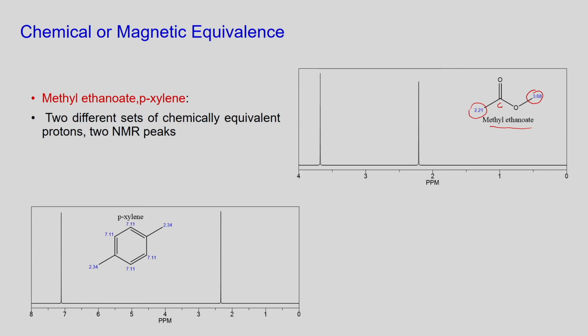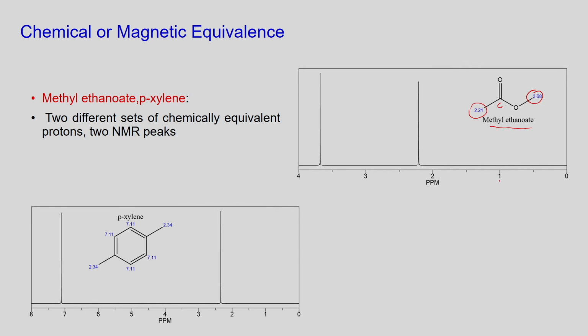Why is this? Because here you have an oxygen atom connected to that particular proton nuclei. So it will try to deshield it. Oxygen will try to distort the electron cloud and pull it towards itself, while in the case of the methyl group which is not connected with the oxygen but directly to the carbon atom, it will not be able to distort the electron cloud to a larger extent.